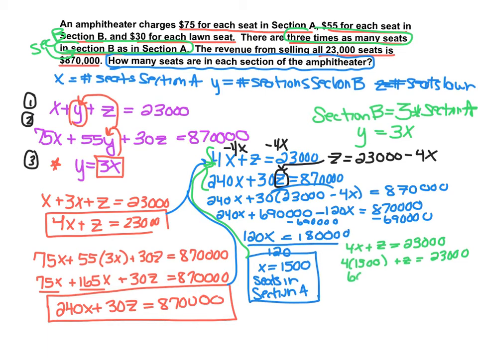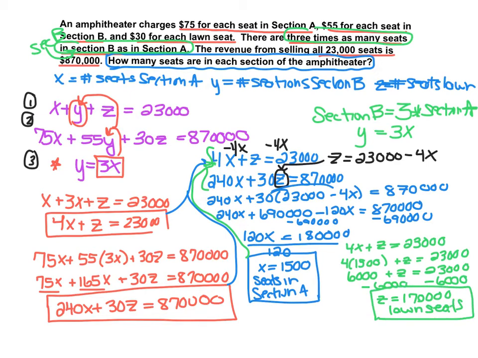So that gives us 6,000 plus z is equal to 23,000. Subtract that 6,000, and we find z is equal to 17,000. So z is our lawn seat, so that's telling us we have 17,000 lawn seats available at this amphitheater.